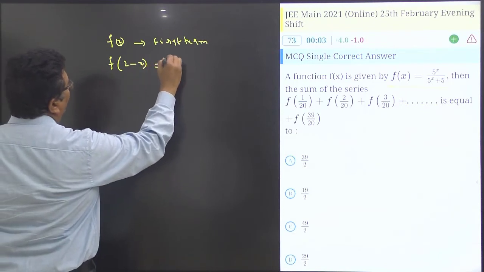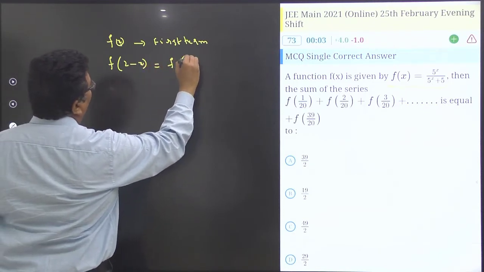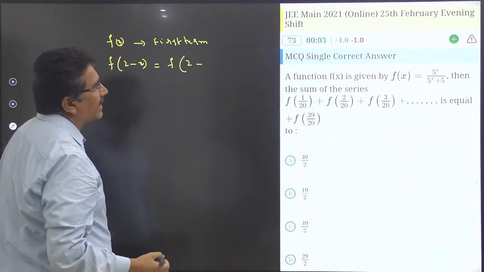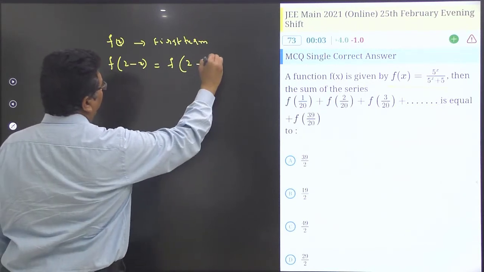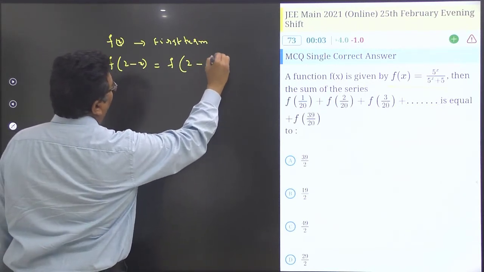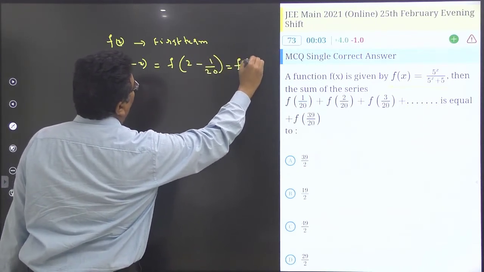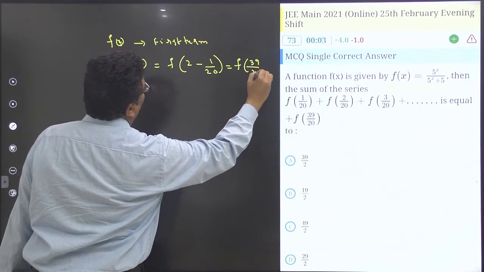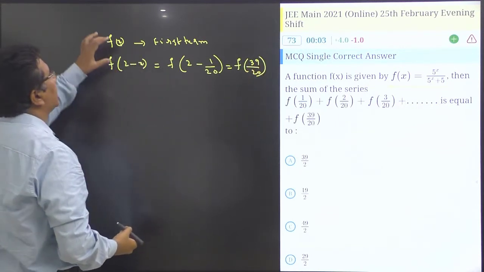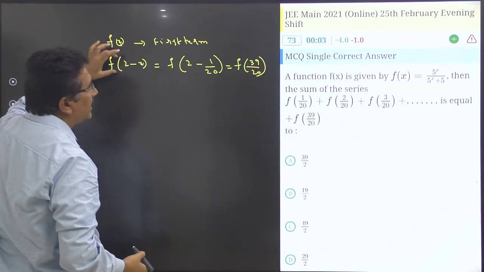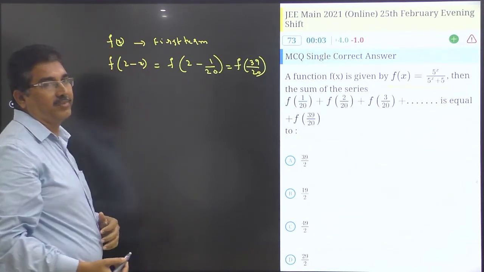This is the first term and this is the last term.